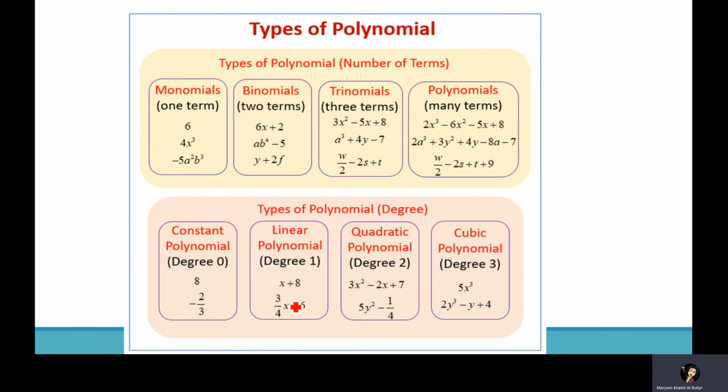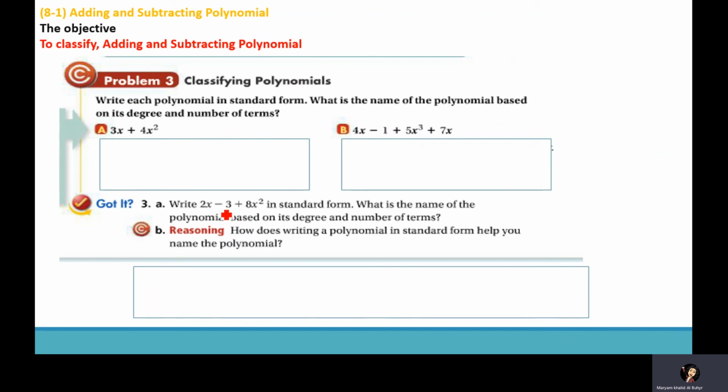How can you figure it out? The greatest power for the polynomial will be the degree of your polynomial. Look at this, the greatest power is 2, that means the degree is 2 for this polynomial, which is what we call a quadratic polynomial. Cubic polynomial, which is degree 3, is what you have here, some example. Let me give you more details.